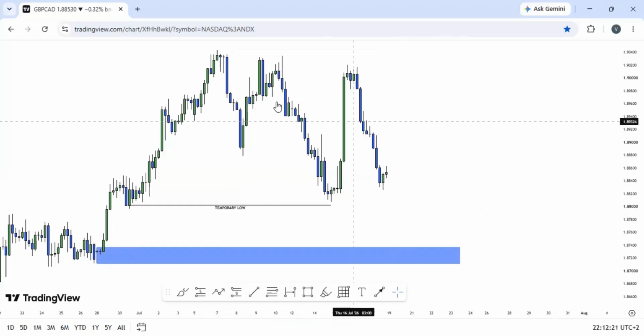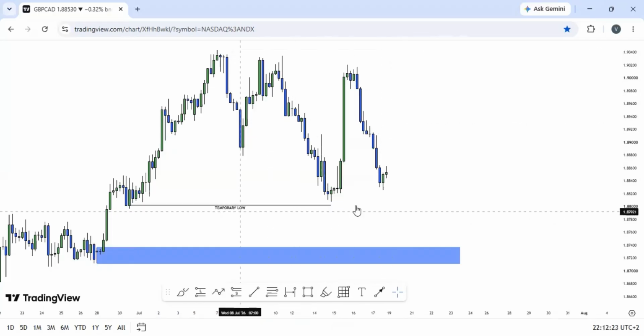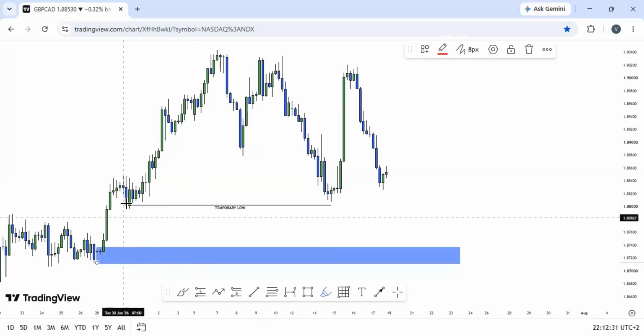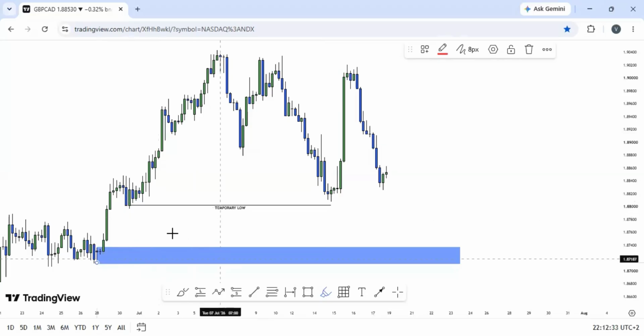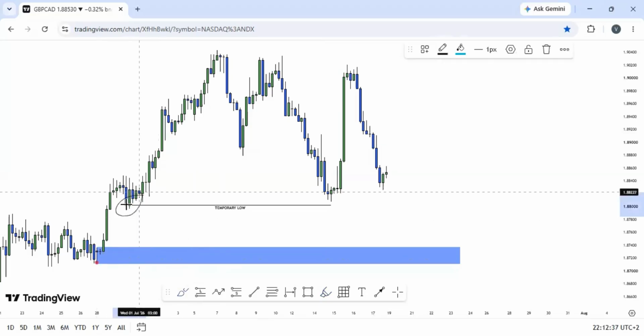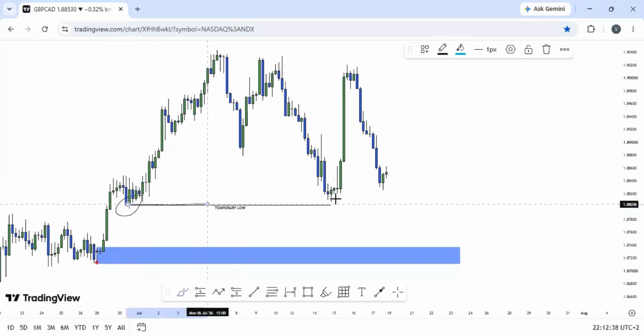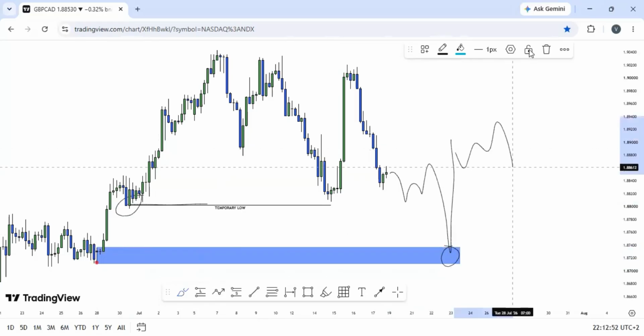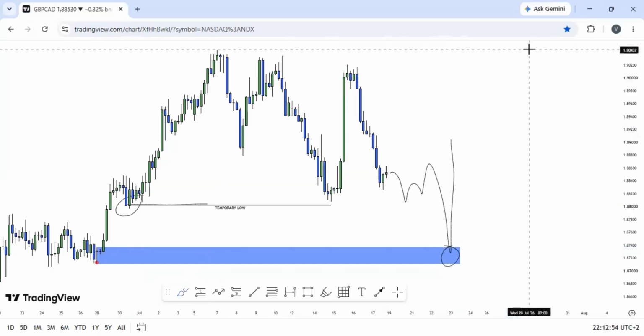The market hasn't eliminated this temporary low. Then we also have this low here as our protected low. This temporary low needs to be eliminated for the market to be able to come and make a strong low from this side, then continue with the bullish structure to the upside. That's what we currently anticipate.